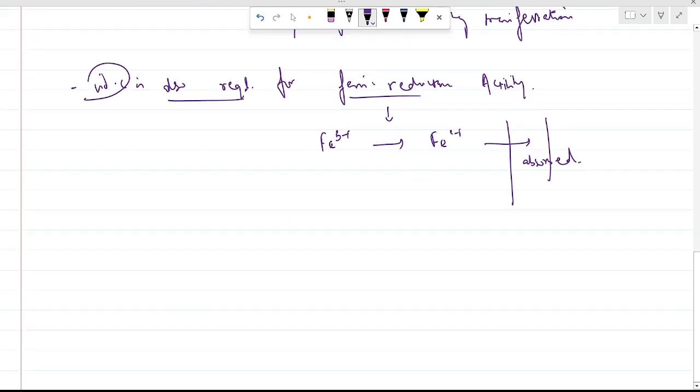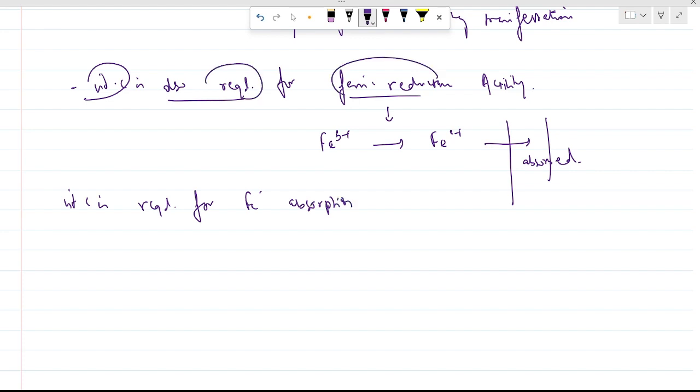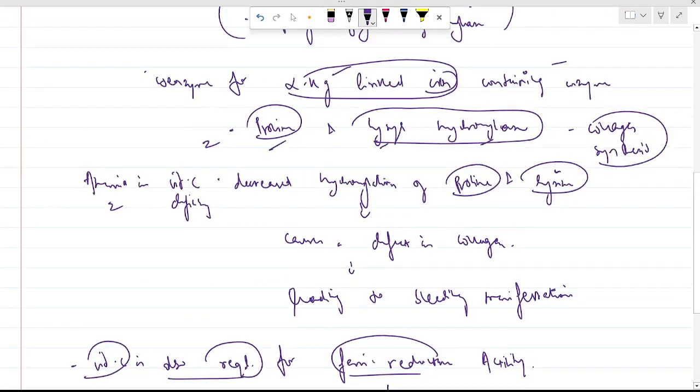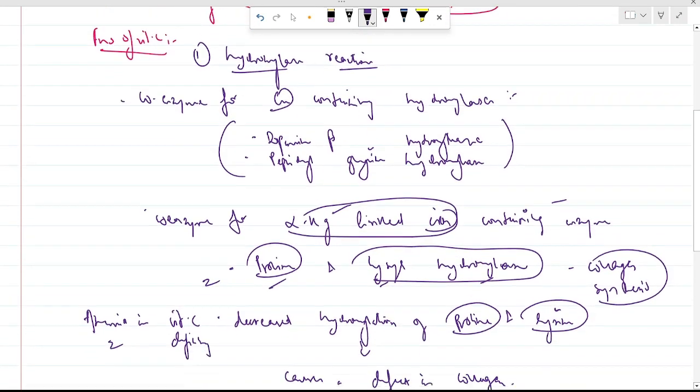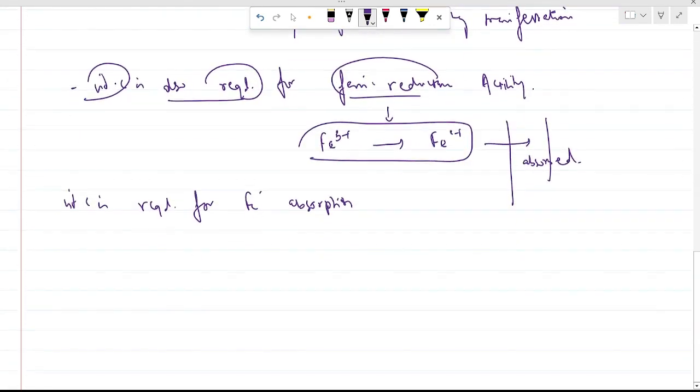So we can say vitamin C is required for iron absorption. Why? Because it's also required for ferroreductase activity, which converts ferric to ferrous form for absorption. So these are all the important functions of vitamin C.